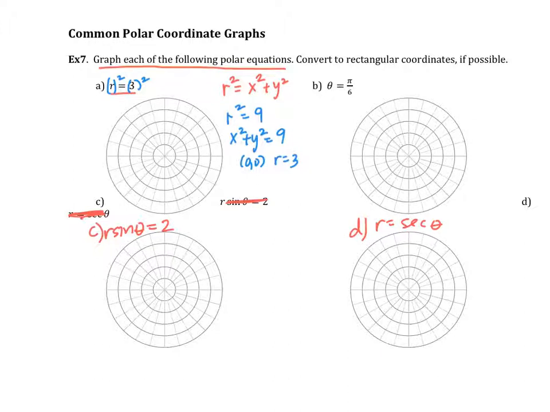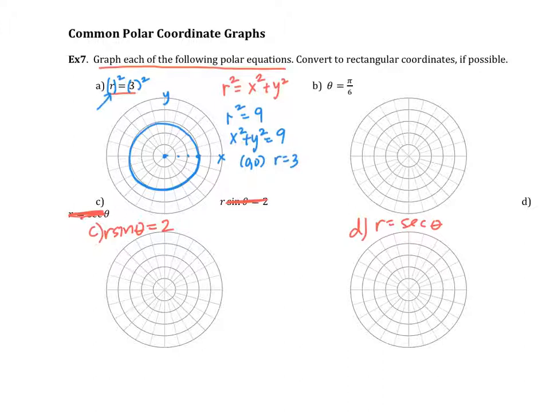So basically, r equals 3 was just telling us it's the radius length of a circle, so we go out 1, 2, 3, and the center is at 0, 0, or the origin, and so that is the graph for letter A. All right, so we have our x and our y coordinate system, or our Cartesian coordinate system there as well, and then our polar, we'll put those circles on it to help us with the rotation and identifying the radius length.